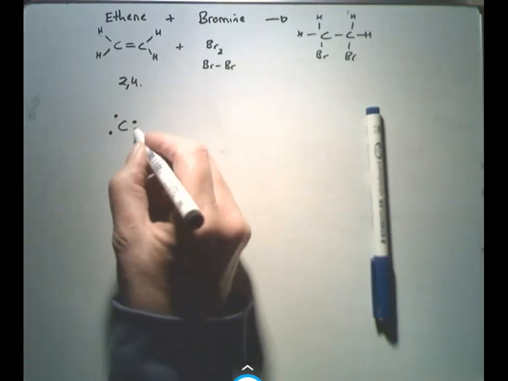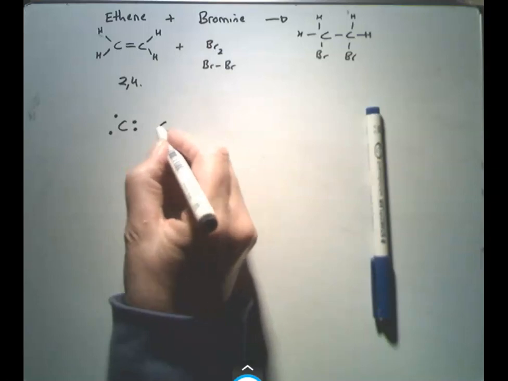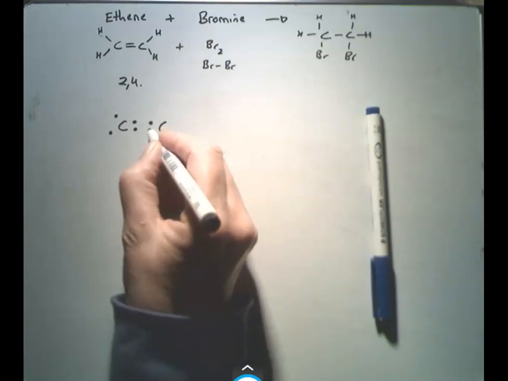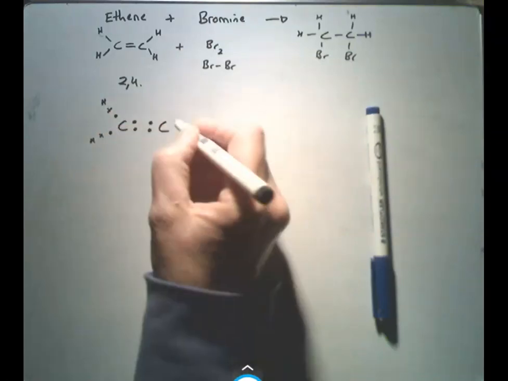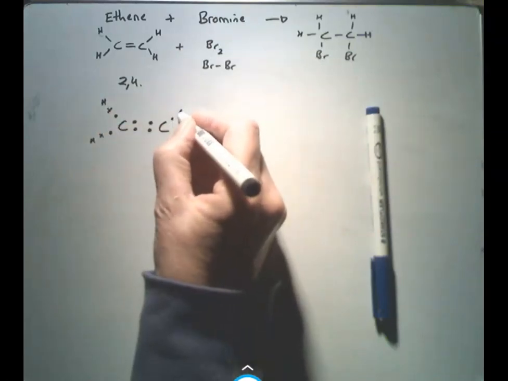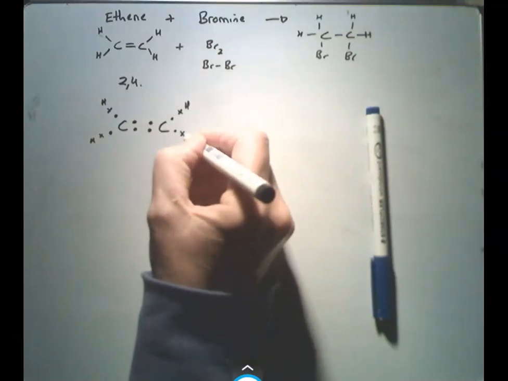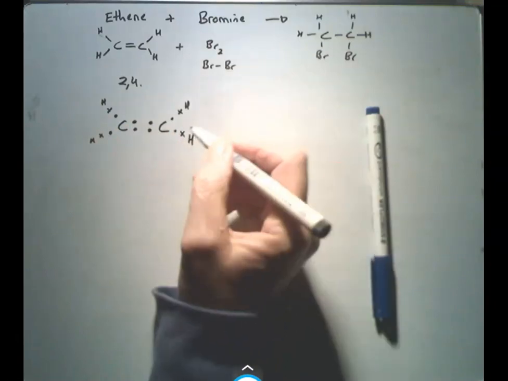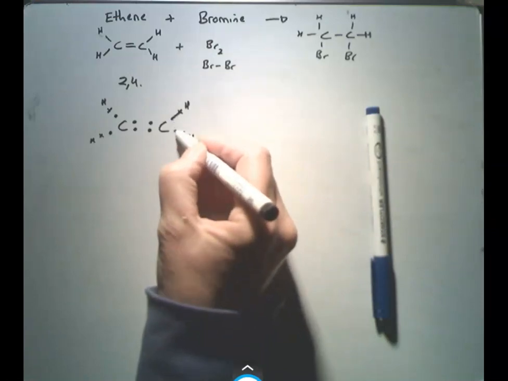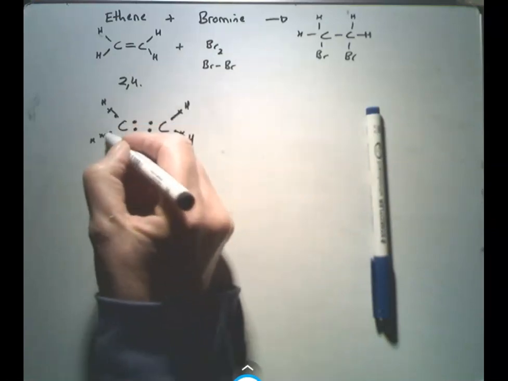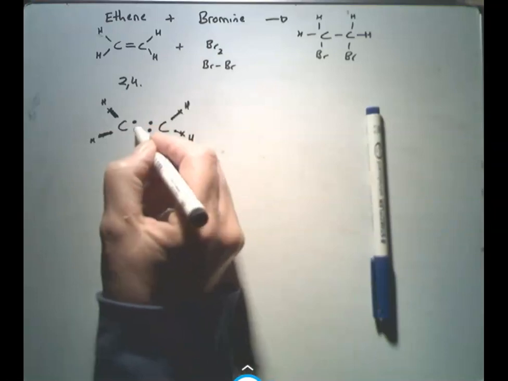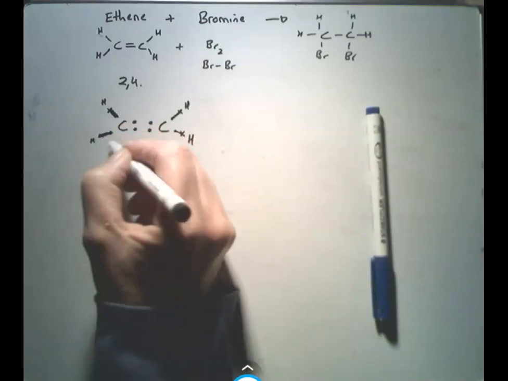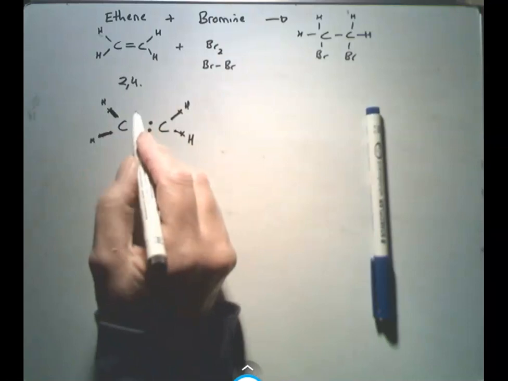So 2 of the electrons are being shared with the other carbon, and 2 of the electrons are being shared with the hydrogens, so that you get 4 bonds. Okay, so 1, 2, 3, 4. So there are 2, 4, 6, 8. So the carbon has 8 electrons around it.